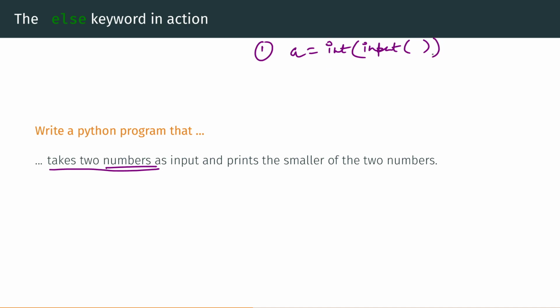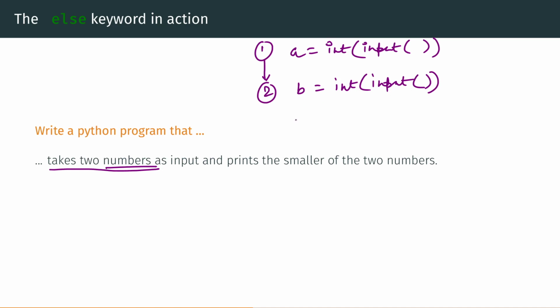Take the first number from the user and store it in a variable called a. Next, number two: b equals int input. Again, get another number and store it in a variable b.